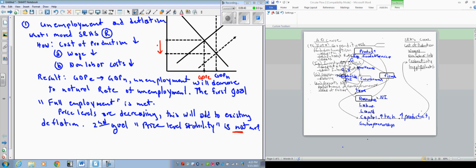You have to do all the rest of them, but 2 is the only one where you're not going to meet your price level stability, and you're going to have to modify what you're talking about. And then 3 and 4, the only thing you do different there than you did in the first project is you do not address productivity or supply shocks. Do not talk about productivity and supply shocks in any of these four in classical economics. So that is the explanation for project 2.